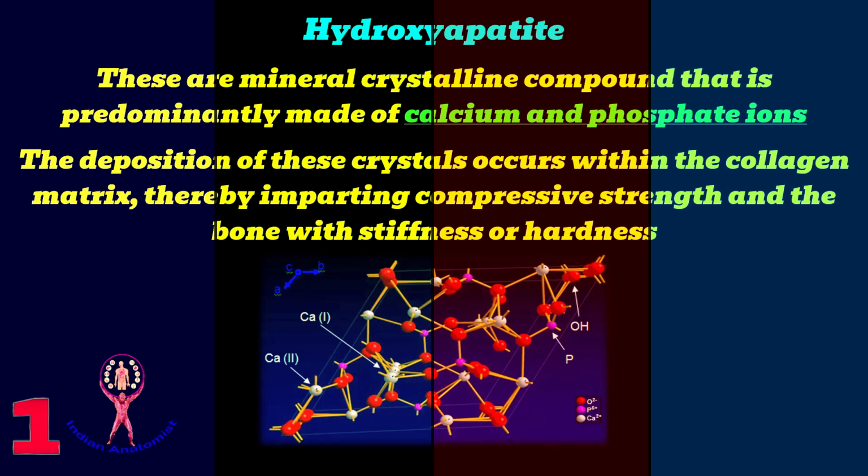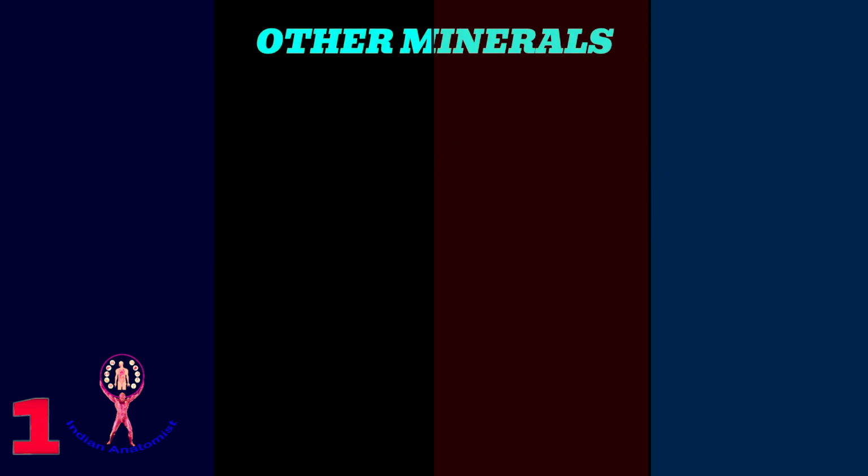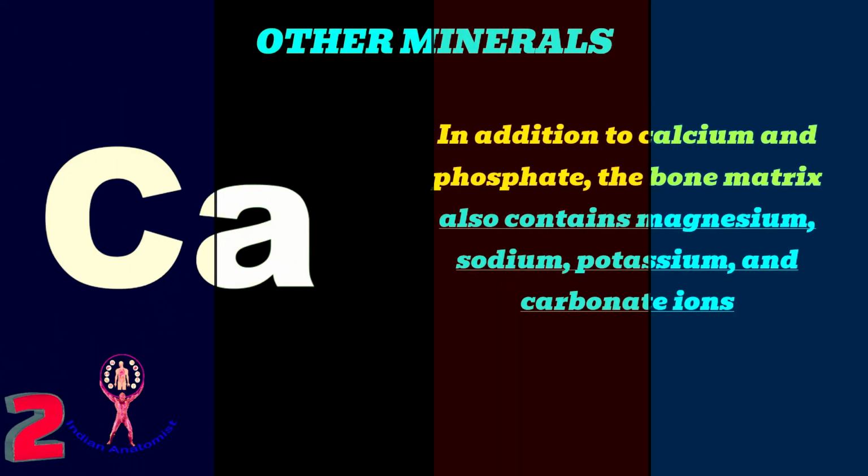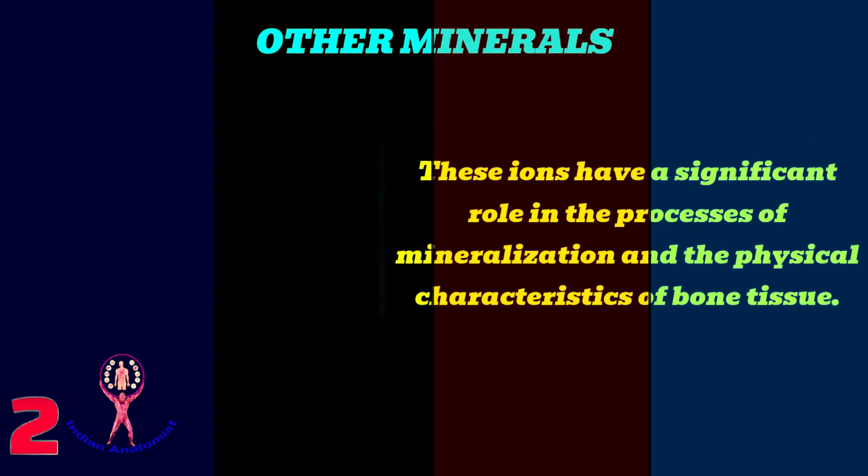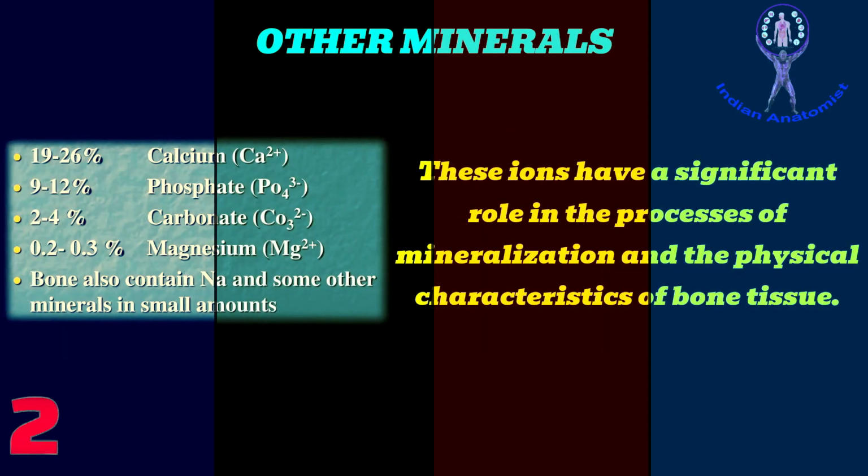The other inorganic components of the matrix include magnesium, sodium, potassium and carbonate ions, in addition to calcium and phosphate within the bone matrix. These ions have a significant role in the processes of mineralization and the physical characteristics of the bone tissue.